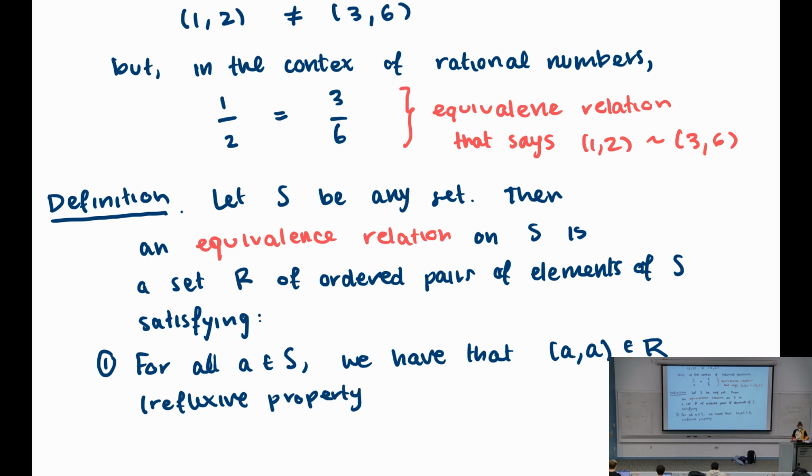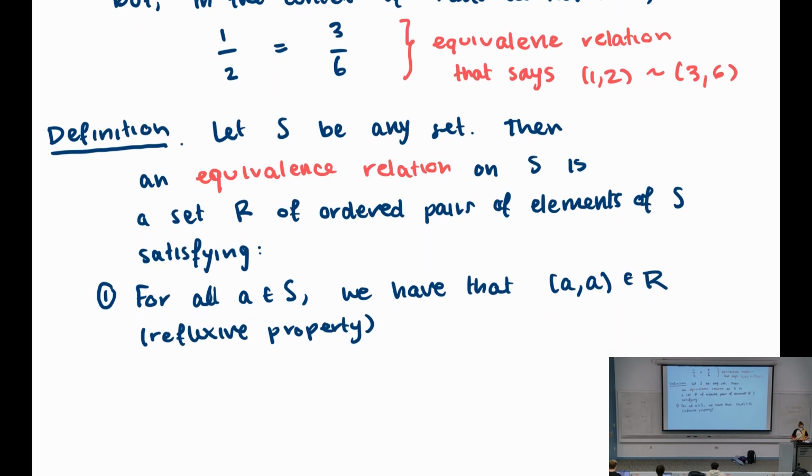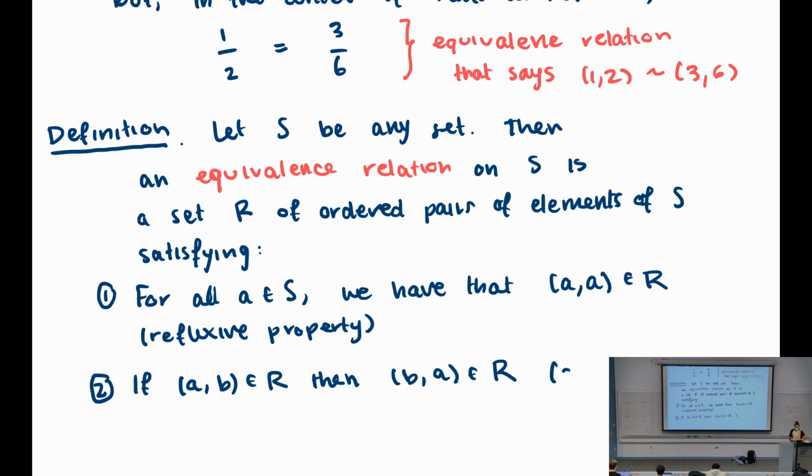The second one, which is called the symmetric property, says that if the pair A comma B is in R, then so is B comma A. So that's the symmetric property.